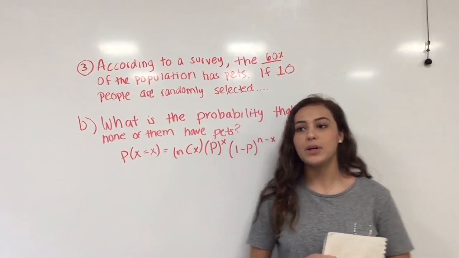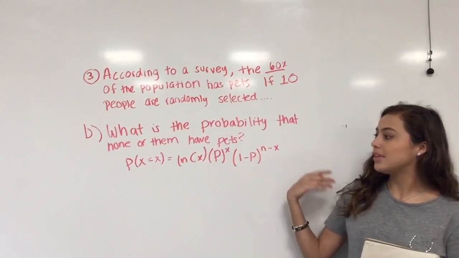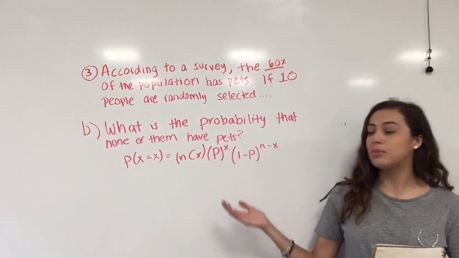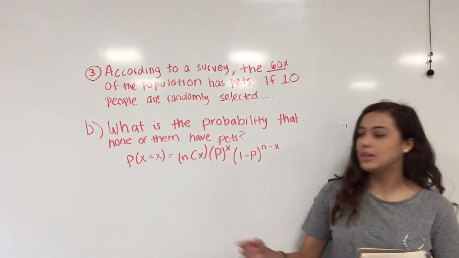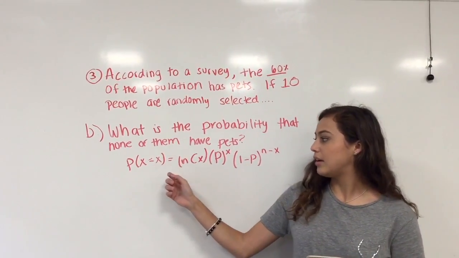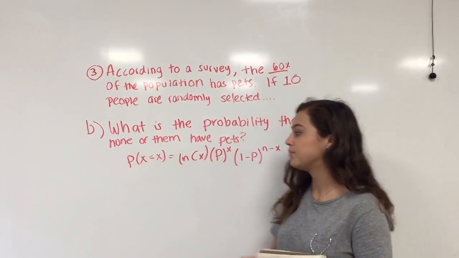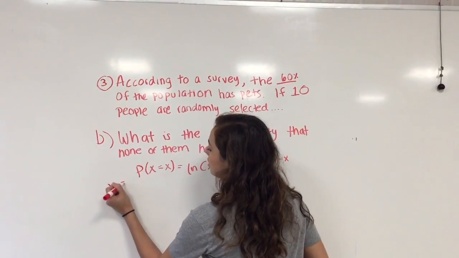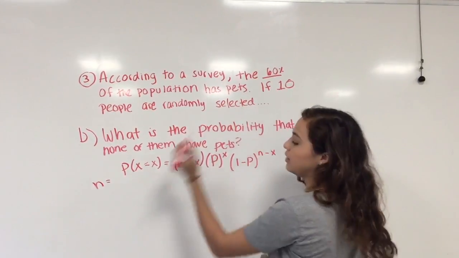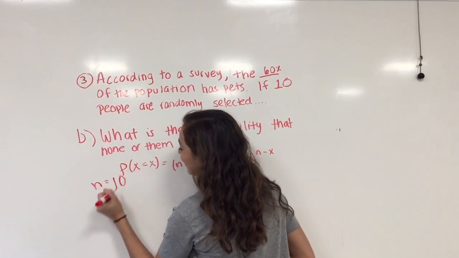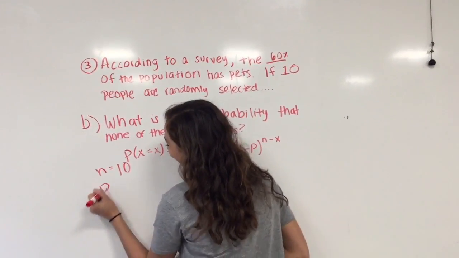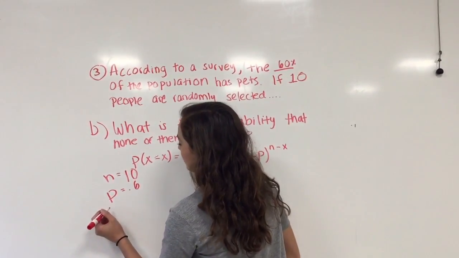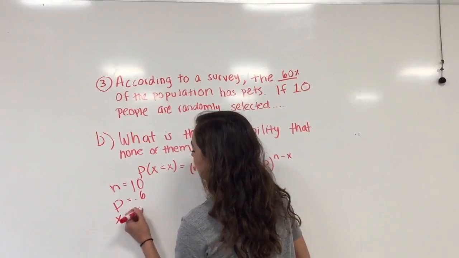Letter B of the question is: what is the probability that none of them have pets? First, you have to use the same formula. The only thing you're going to change is the x, because now x is going to be equal to 0. So your n is equal to 10, like in letter A, p is going to be 0.6, and x is going to be 0.